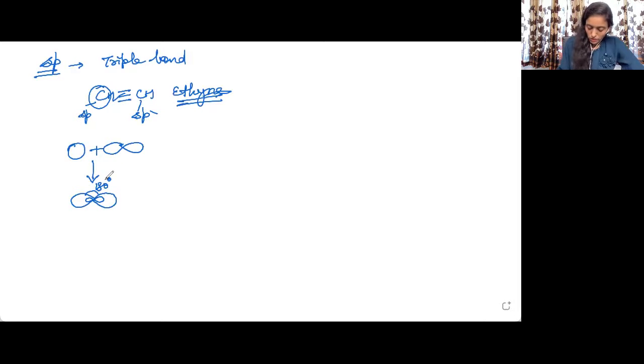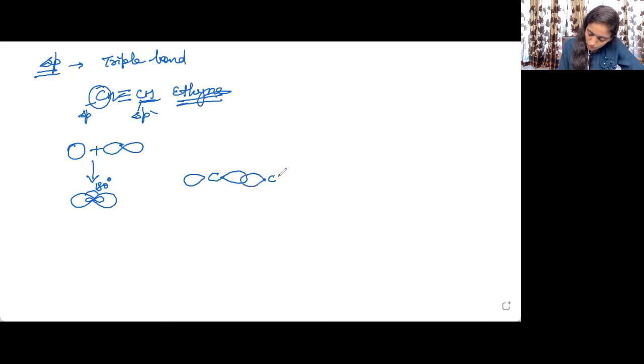Now it needs to form a sigma bond with hydrogen atom. So we can show sigma bond with hydrogen atom. Just take the two carbon atoms first. This is the one carbon atom. So these are the two sp hybridized orbitals of this carbon. And here we have the second carbon atom.